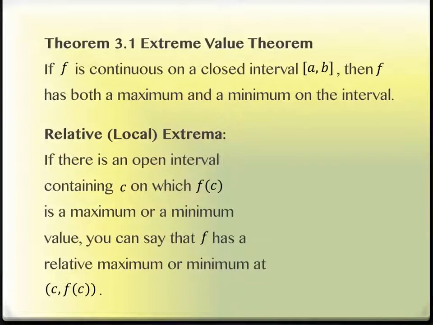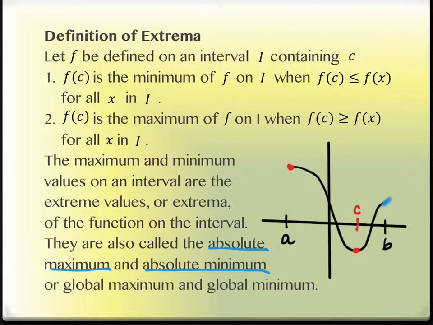If you imagine the picture I've drawn here, where it starts and stops at those endpoints, there is definitely a location where it is the smallest value, and it happens to be at that valley point C. But there's also a place where it has the absolute biggest value, and it happens to be on the left-hand endpoint.